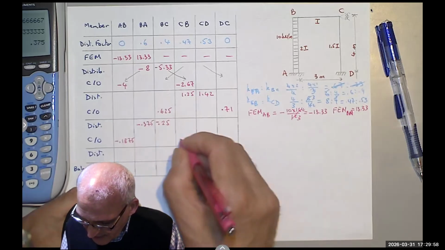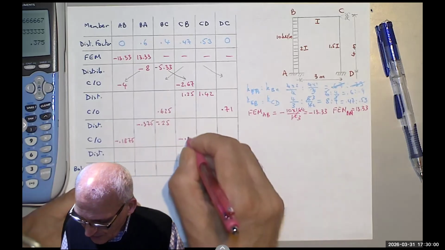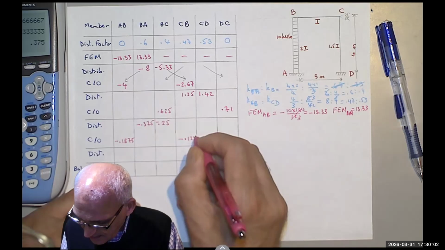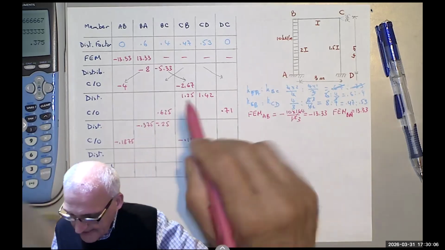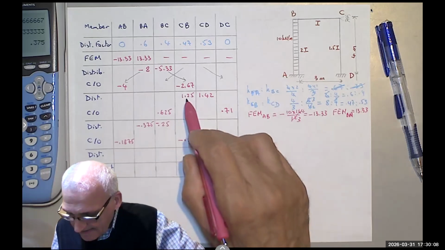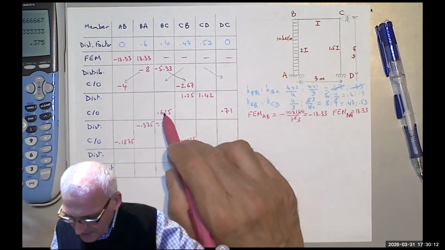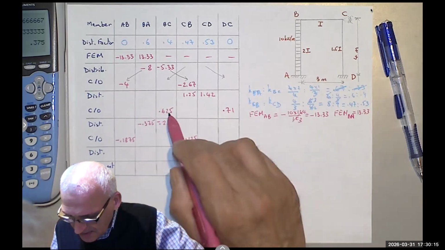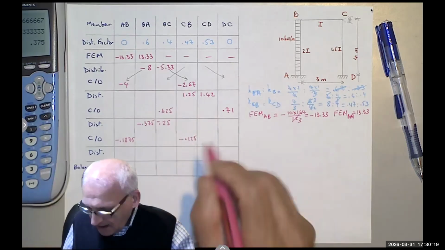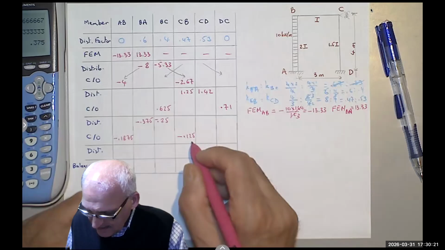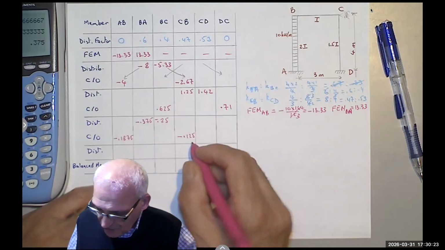And that will give me negative 0.125. Yeah, negative 1.25. Let's see, times 0.6 and 0.4, correct. And this would be just the distribution of that. That's maybe the last one we are going to do.